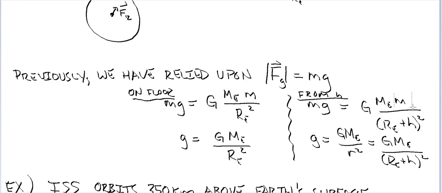And so again, you can divide the little m across and divide it out such that little g is equal to capital G M_E over quantity R_E plus h, quantity squared.